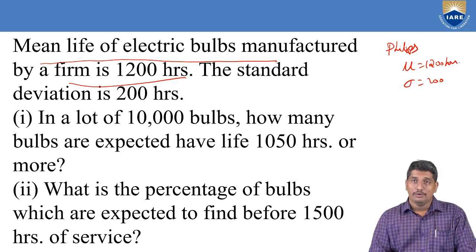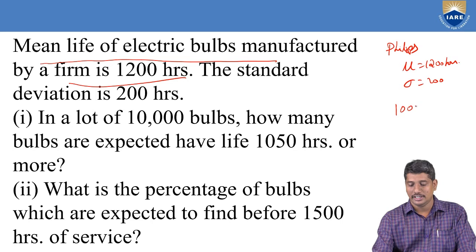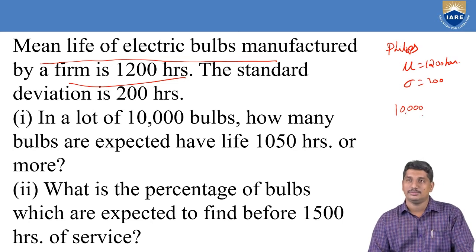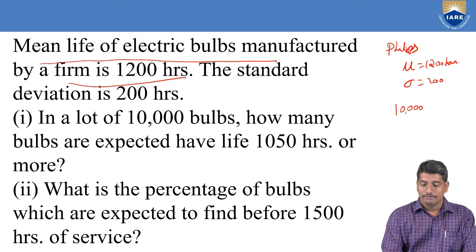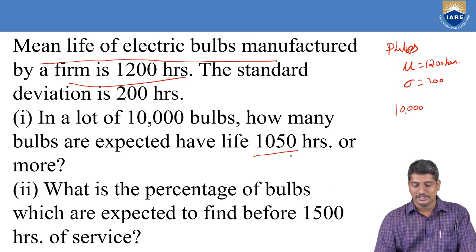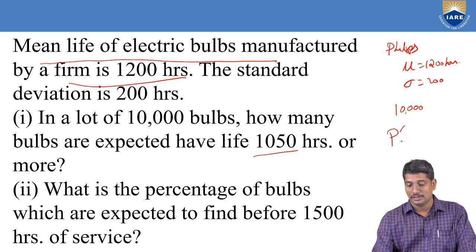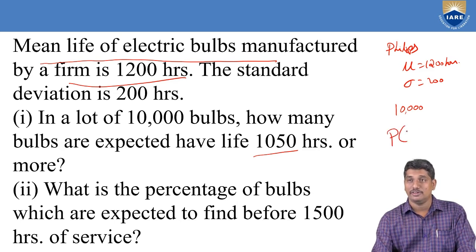Now we have purchased 10,000 bulbs. We have taken a sample of 10,000 bulbs of Philips company and we inspected them. In our inspection, we obtained an average: the 10,000 bulbs on average lasted for 1050 hours. What is the probability that our sample of 10,000 bulbs' lifetime will be more than 1050 hours?